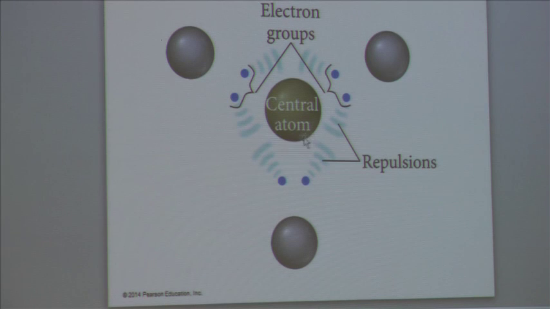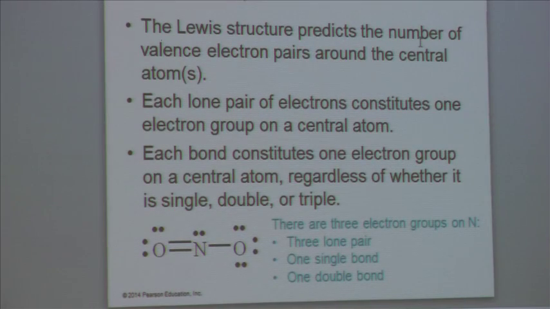So as we have our central atom with repulsions going on among the electrons, using the valence shell electron pair repulsion theory, we can look back to the Lewis structure.